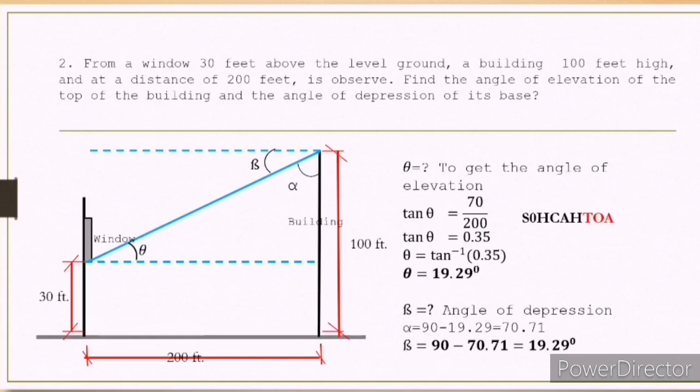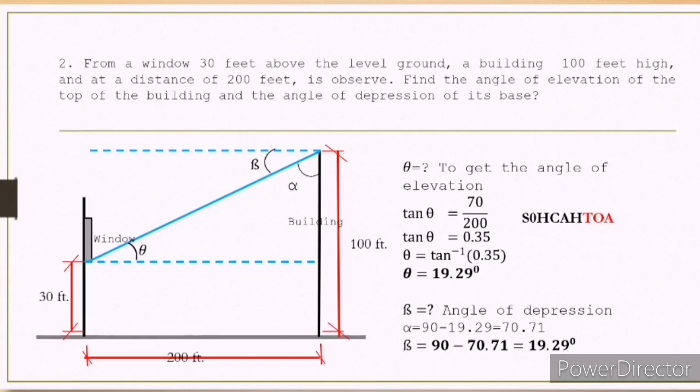To get the angle of elevation, we use SOH CAH TOA. Tan is equal to opposite over adjacent. So tangent theta is equal to 70 over 200. Tangent theta is equal to 0.35.